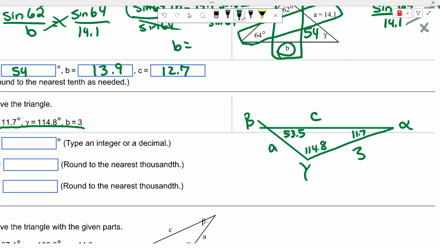Side A is opposite 11.7. So the sine of your angle over the length of the side, angle over side equals angle over side. The sine of 11.7 over A equals the sine of 53.5 over its opposite side of 3. So you cross multiply. Take this times this, divide by this. How big is A?